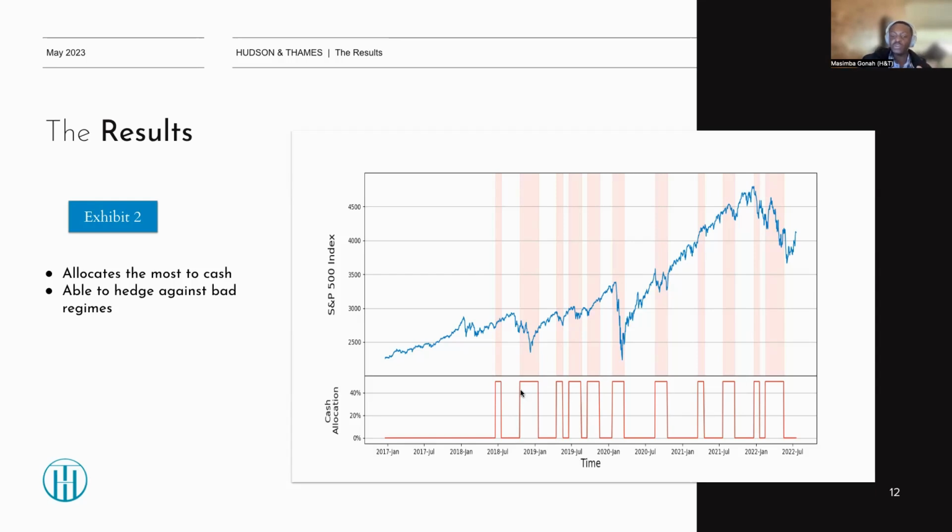Because the more you assign to cash, naturally speaking, you don't want your investments dwindling in times like that. So you want to hold as much cash as possible. And CPO is managing to do that, almost hedging against bad times. I think that's quite significant in how the authors brought this to light and perhaps introduced a new way of portfolio optimization.